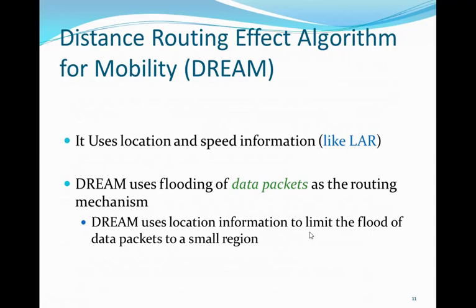This protocol uses the location information as well as the speed information of a node to find its location, and it works based on the LAR protocol. DREAM also uses flooding of data packets as the routing mechanism. Remember, it is not the control packet, it is the data packet that is used by DREAM.